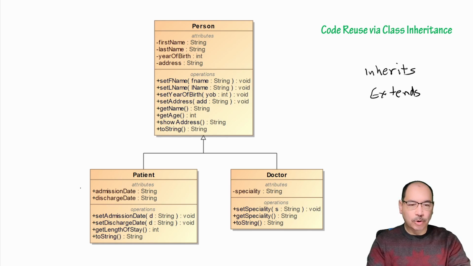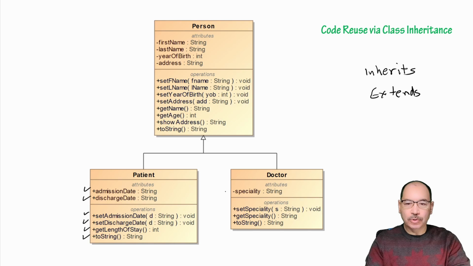And what we're going to add is simply to define these two fields, admission date and discharge date, and we're going to also implement set admission date and set discharge date, and determine the length of stay based on these two dates by determining the difference, and then override the toString method in order to return a string that has information about the patient.